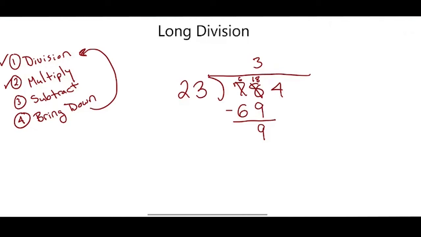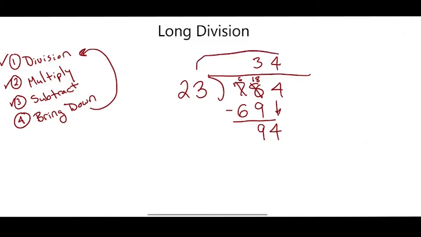All right, so I subtracted. Now I bring down. I bring down the 4, and now I need to divide again. So we go back up to the top, and we do division. Now I need to ask, how many times can I divide 94 by 23? I'm going to try 4. So let's try 4.